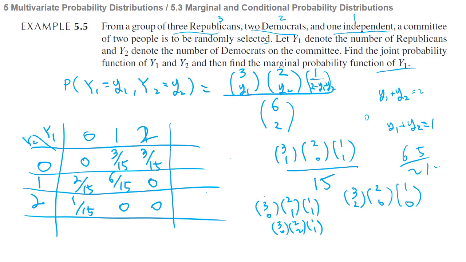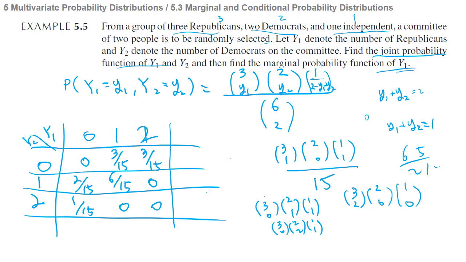Let's sum all the probabilities. 3, 6, 12, 14... wait, 15. Yes, correct. So we have the right table, and we found the joint probability function. Then find the marginal probability function of y1.